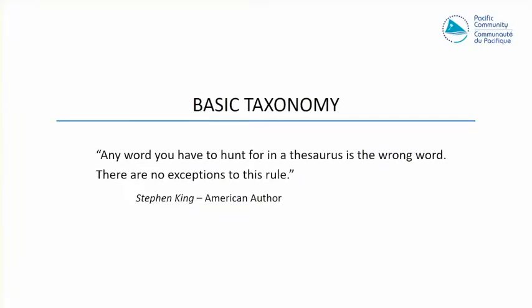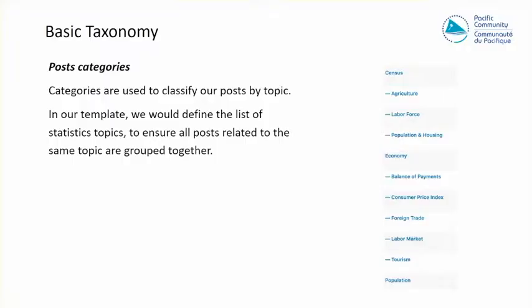Now, taxonomy. Taxonomy is something that is actually really important for SEO, and also to optimize the search inside your website. Because in taxonomy there are two things: categories and posts. Actually you could even have more, but that's already way enough. We use categories to classify posts by topic.